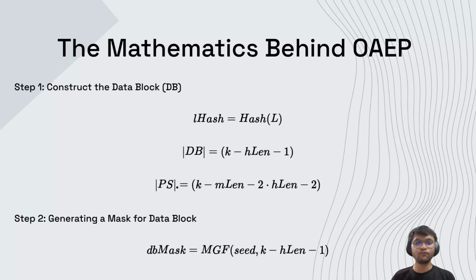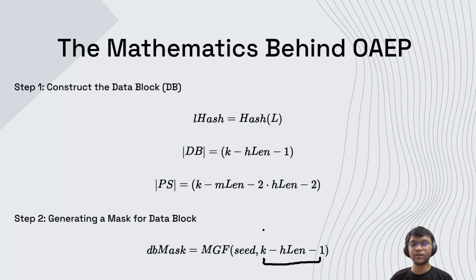Now, we will generate a mask for the data block. The DB mask can be computed by saying MGF of seed, comma, we specify a length. The length is k minus hlen minus 1, which is the length of the data block itself.